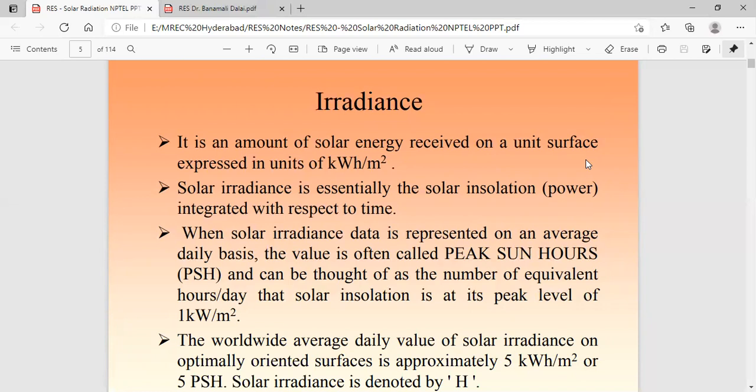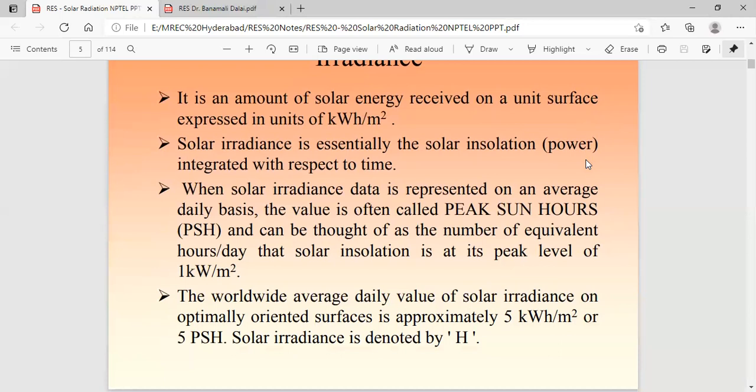When solar irradiance data is represented on an average daily basis, the value is often called peak sun hours and can be thought of as the number of equivalent hours per day that solar insolation is at its peak level of 1 kilowatt per meter squared.